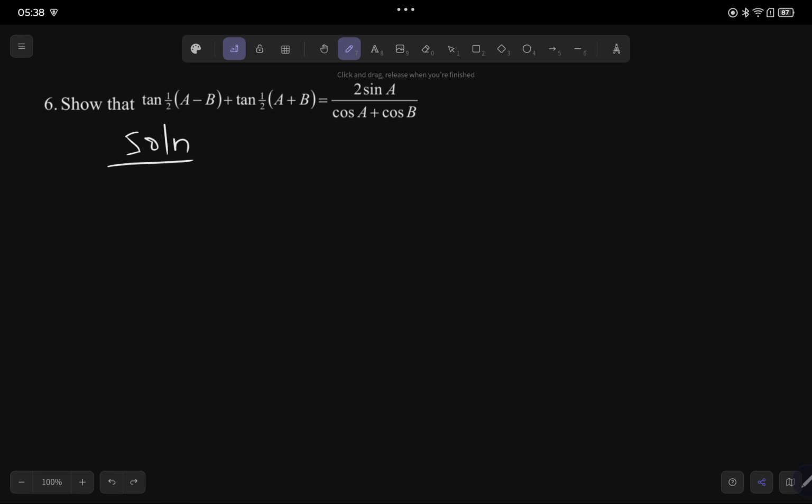Still, we shall begin with our left hand side because it is show, not a proof.